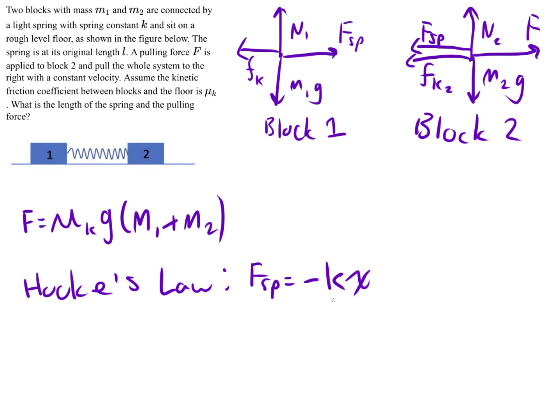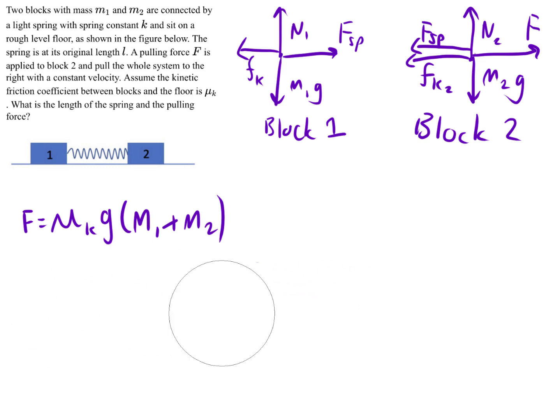The negative sign is simply saying that this force acts in the opposite direction of the displacement, so it's going to oppose the displacement. But we already know the directions, so we don't really need this. We can just use the free body diagrams to figure that out.